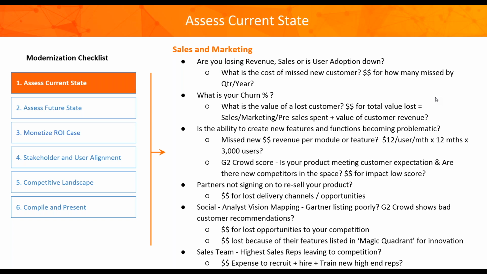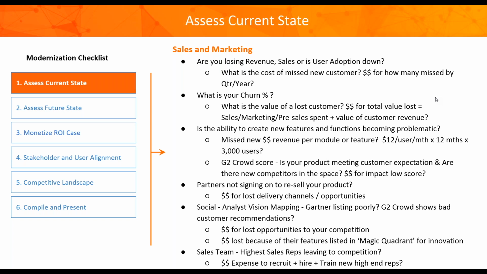The other one we'll talk about a little later is something called G2 Crowd. If you're in the business of software or working with end user customers, G2 Crowd is a hidden source. This is the anti-Gartner, as I call it. This is where your users go to complain about your product, whether you know it or not.